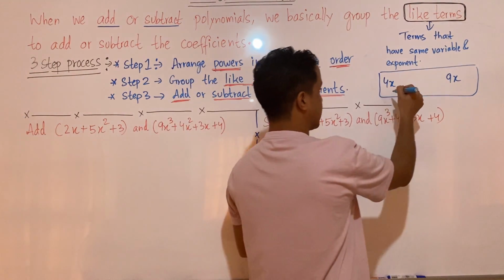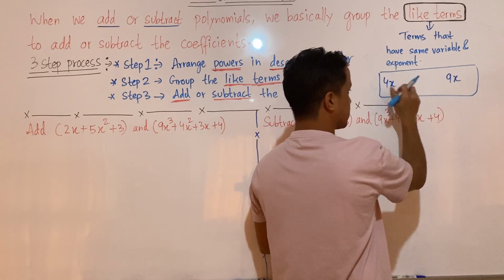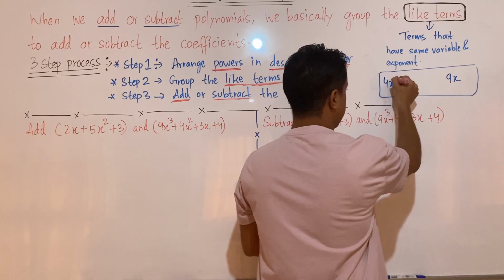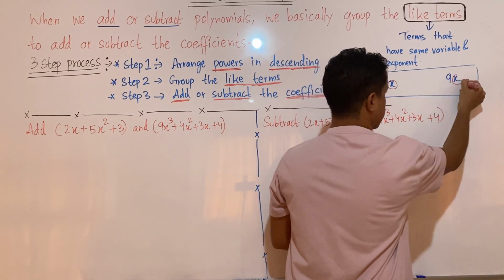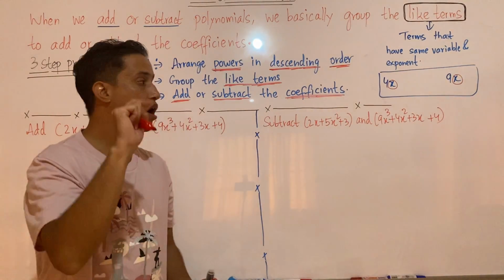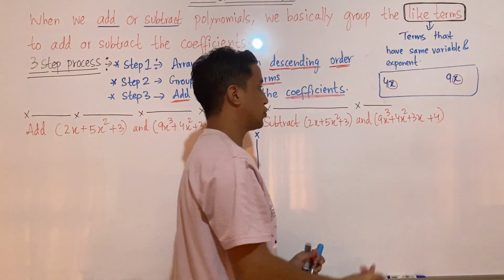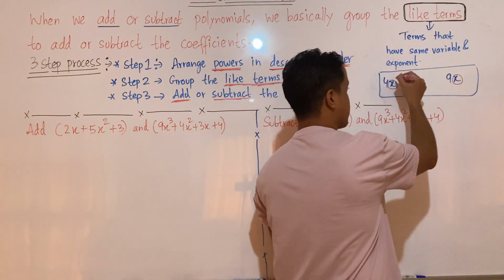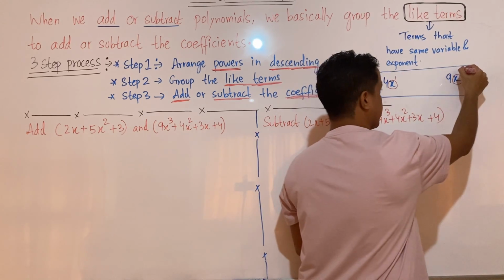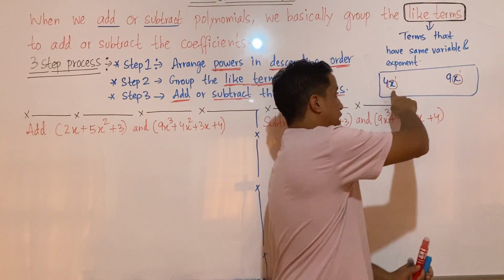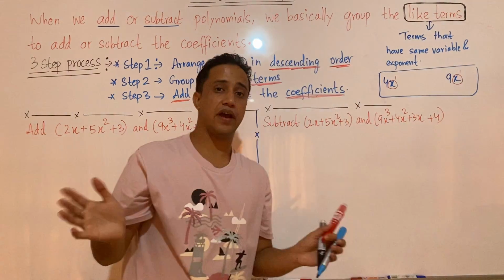Because they contain the same variable x, and the powers of the variable are the same too. Okay, the power of this variable is 1, the power of this variable is 1. Okay, so same variable and same exponent means they are like terms.